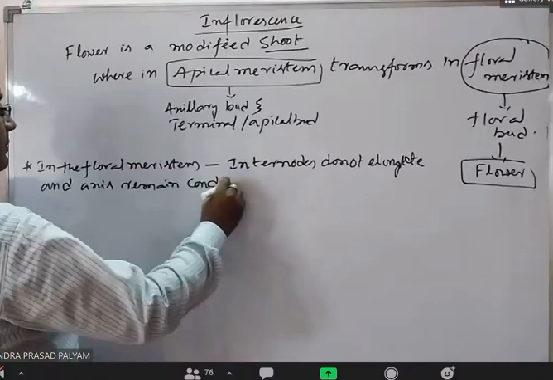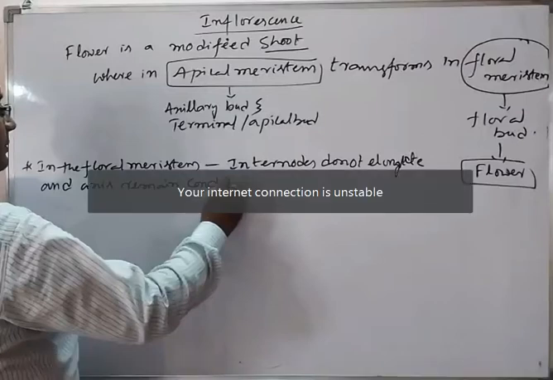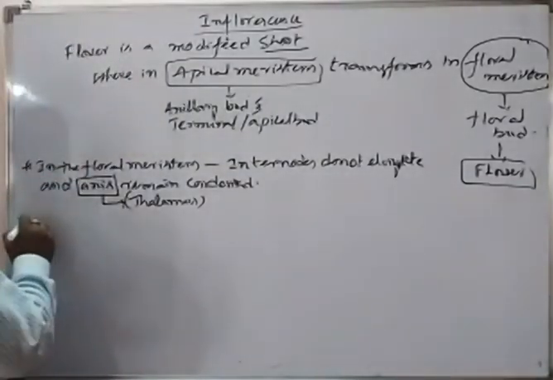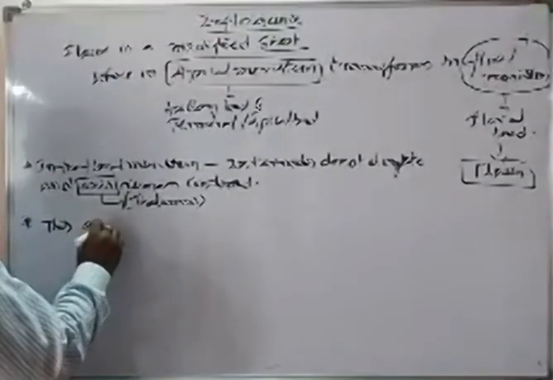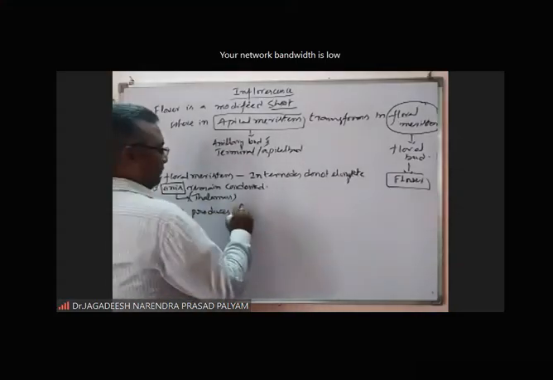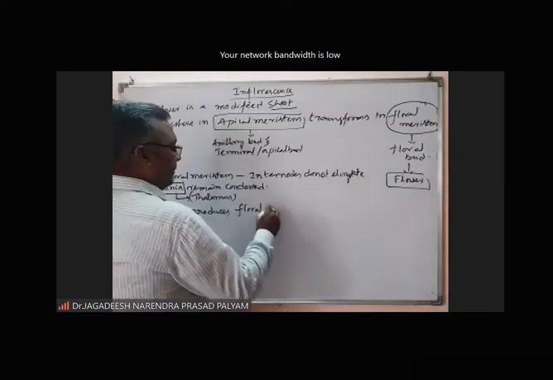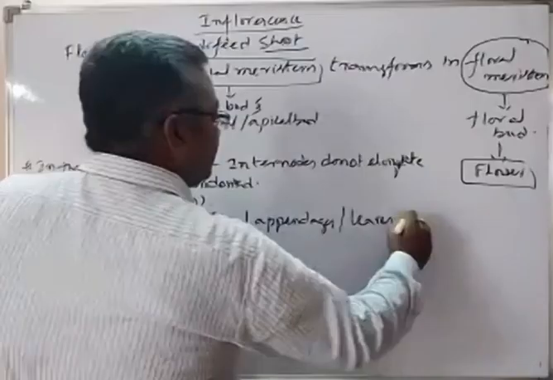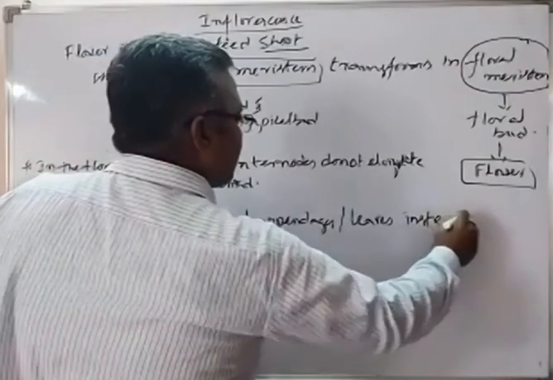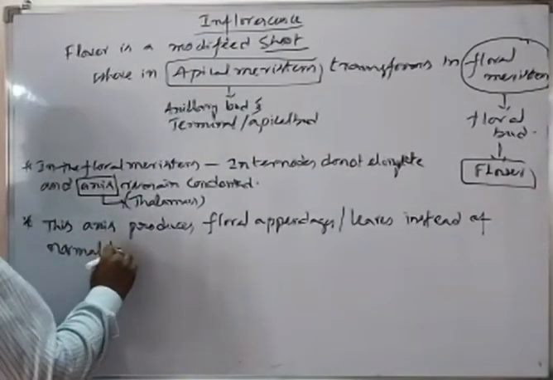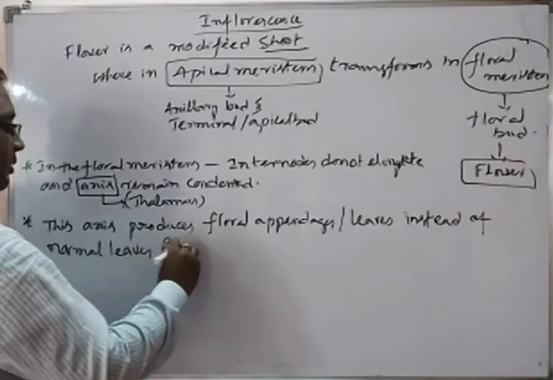Axis means here thalamus remains condensed. And this condensed axis produces floral appendages or leaves instead of normal leaves from the nodes.